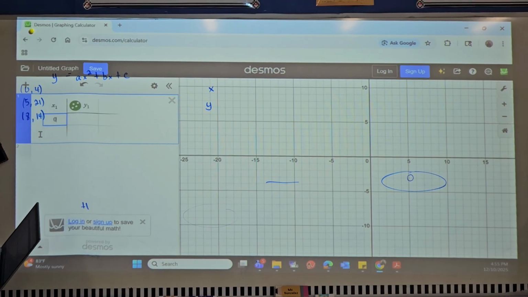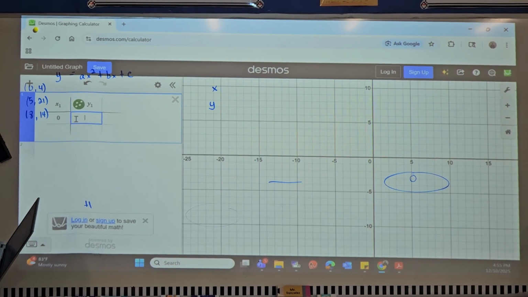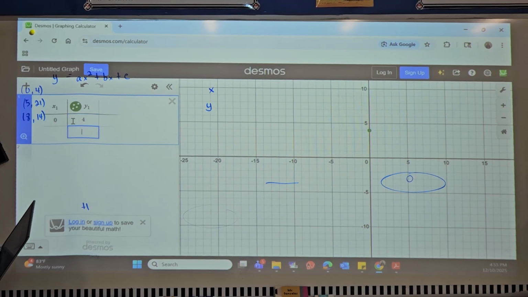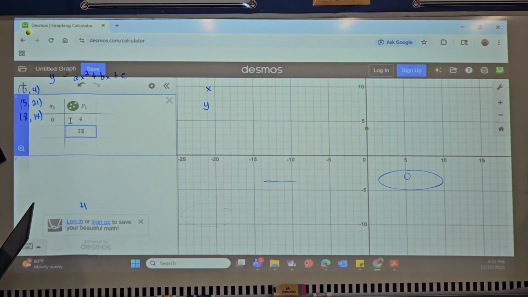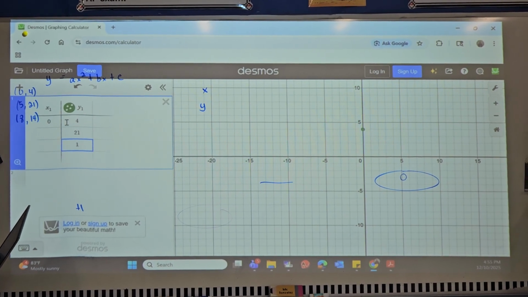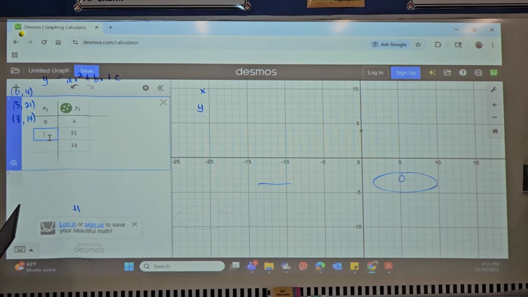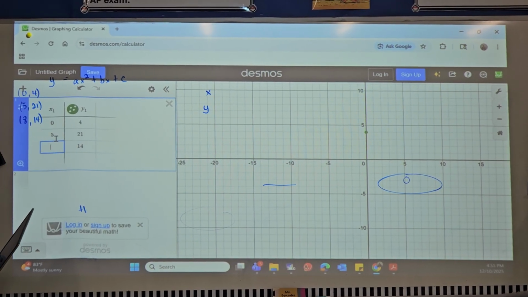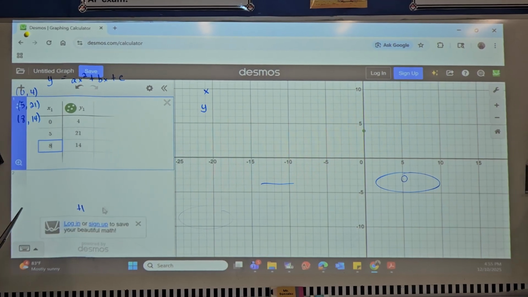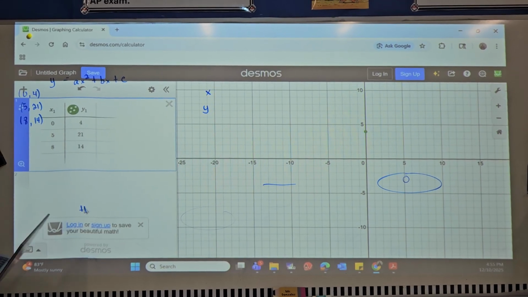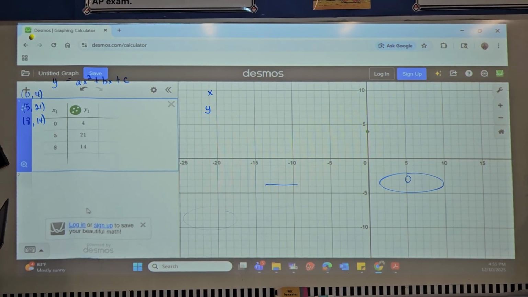So I'm gonna have 0, 4, then I'm gonna have 21 right here, 14 over here, and then I'm gonna have 5 here, and I'm gonna have 8 here, and then all I need to do now is look for regression.